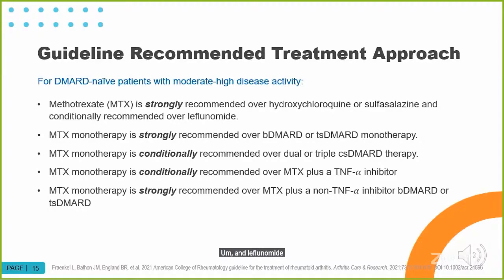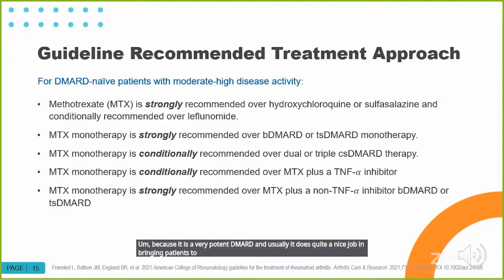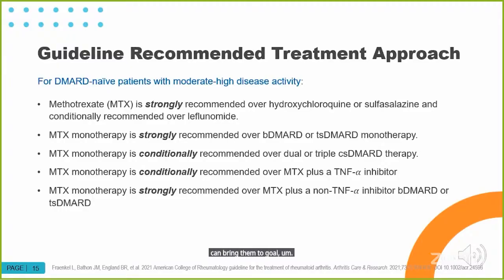It's actually also strongly recommended over even biologic DMARDs or targeted synthetic DMARDs because it is a very potent DMARD, and usually it does quite a nice job in bringing patients to goal, especially when they are DMARD naive, can bring them to goal even as monotherapy.